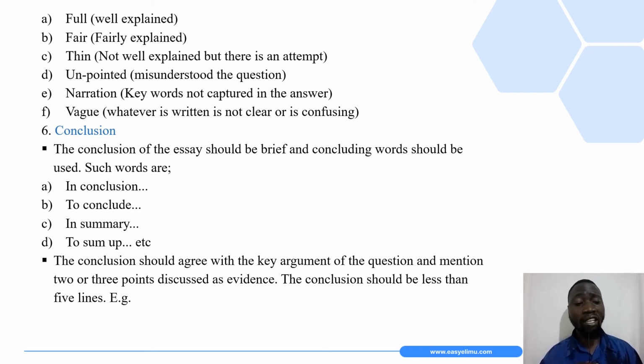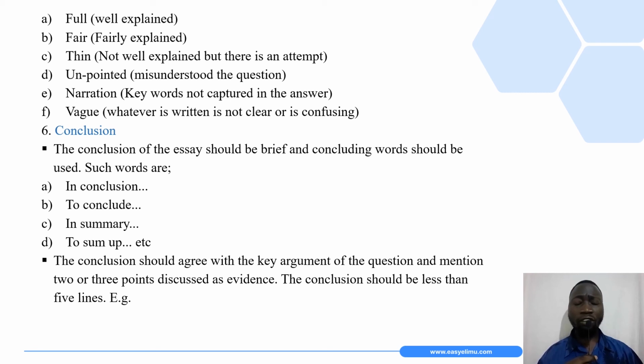After that, we have the last part, that is the conclusion. This is now how to conclude our essays. The conclusion of the essay normally should be brief, and concluding words are normally used to end it. Some of the most commonly used concluding words are: in conclusion, to conclude, in summary, to sum up, and finally.